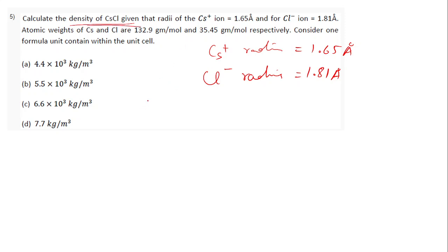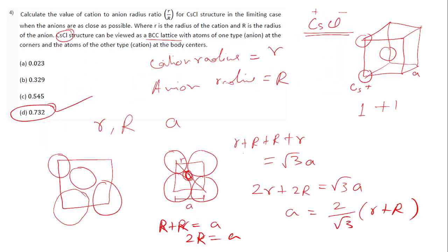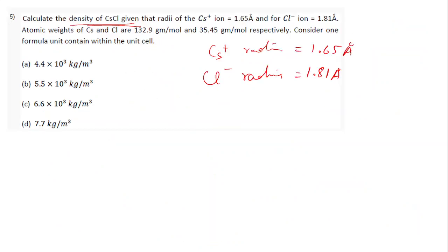Okay. So again, since this is CsCl, and we just saw that CsCl takes BCC, in BCC the relation is this: a is equal to 2 by root 3 (r plus R). So a is equal to 2 by root 3 and the sum of the radii of Cs plus and Cl minus, 1.81 and 1.65. This is the relation between the radii of these atoms and the lattice constant. Because we need to find the density, we need the volume, and the lattice constant is this.